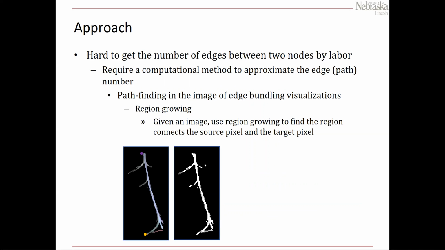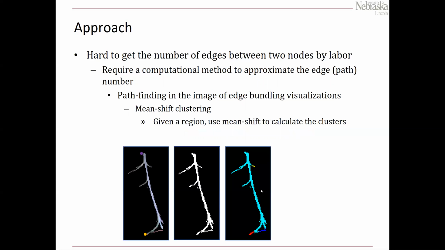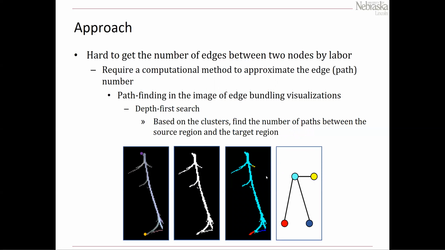In the first step, we use region growing to find the possible region to connect the pixels. For example, given these 2 pixels, the orange and purple one, we use region growing to generate the possible paths. Then we use mean-shift clustering to classify these paths into different regions. And for each subregion, we find the number of paths, build a graph, then use depth-first search to find the possible paths between the target and the source region.